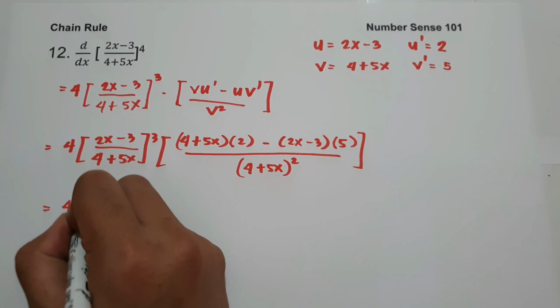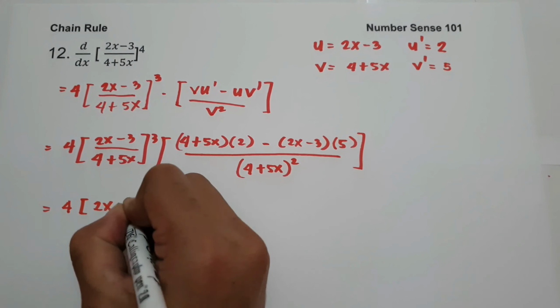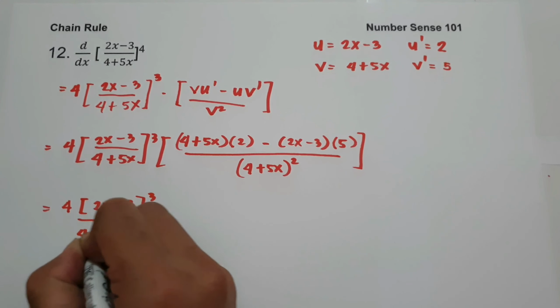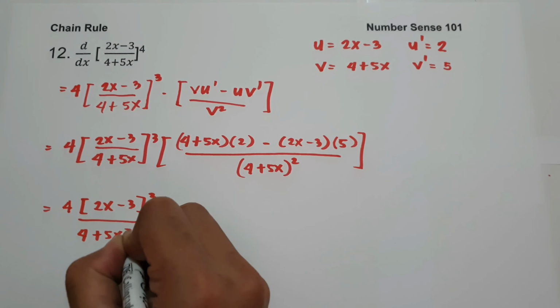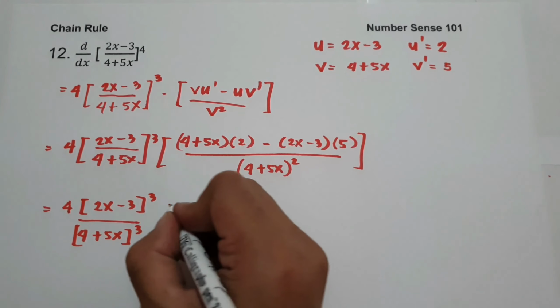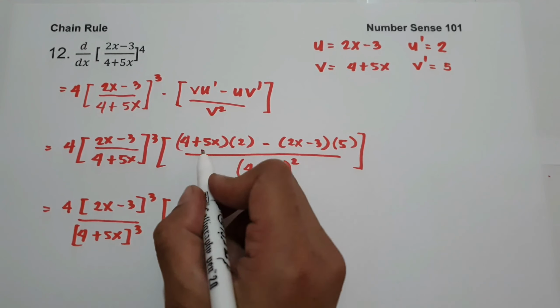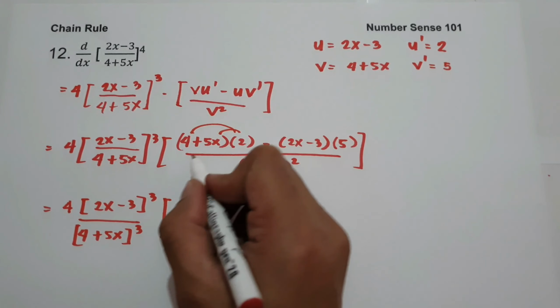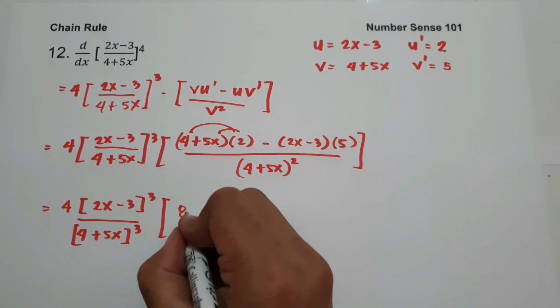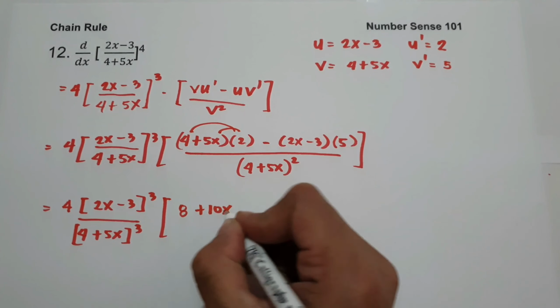It will give us 2x minus 3 raised to 3 over 4 plus 5x raised to 3. And then let us multiply this one, 4 plus 5x times 2, that is 8 plus 10x.